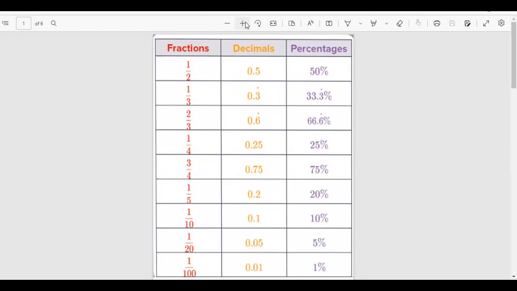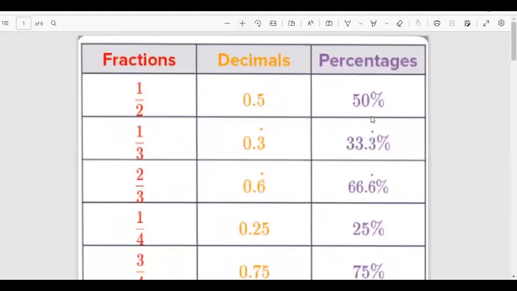Okay, I'll zoom in just so we have a better understanding of everything. In the first row, I can see 1 by 2. In the second row, I can see 0.5. And in the third row, I can see 50%. I have three different numbers, 1 by 2, 0.5, and 50%.